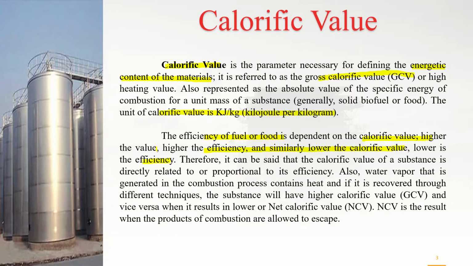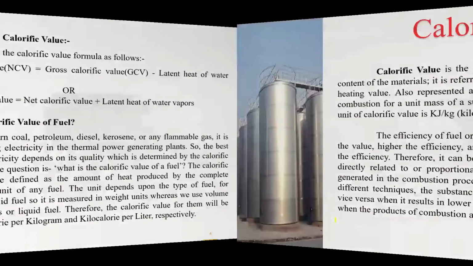If we recover that heat also, then it is known as higher calorific value, and if we didn't recover that, then it is termed as the net calorific value. Net calorific value is the result when the products of combustion are allowed to escape, means the heat content of that water vapors are not included in this one.